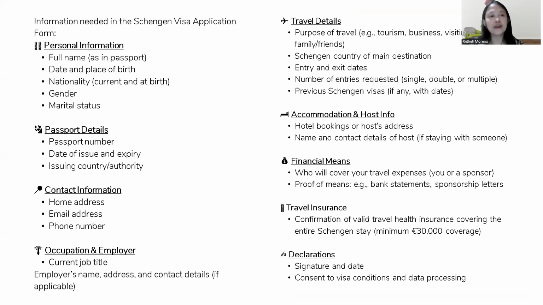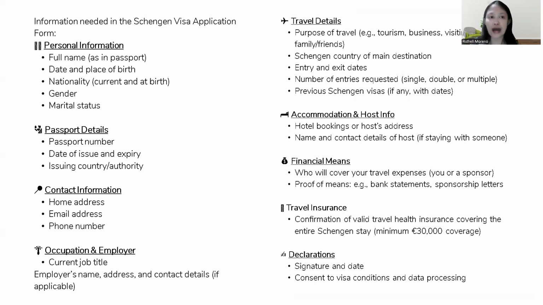Also included are your passport details: passport number, date of issue and expiry, and issuing country or authority. Also asked are your contact information, like your home address, email address, and phone number. Also asked are your occupation and employer. You have to state your current job title and your employer's name, address, and contact details.